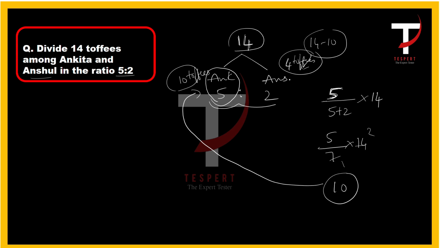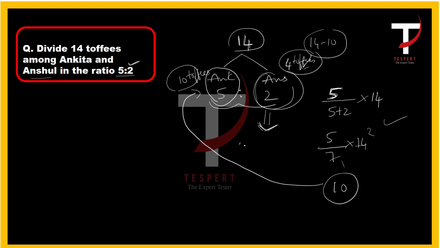So directly we subtracted the total number of toffees minus the toffees which Ankita gets, right? But if we want to separately calculate with this, so how can we? So if we want to find out how many toffees Anshul gets, we can calculate like this. The ratio, so what is his part? 5:2, 2, right?